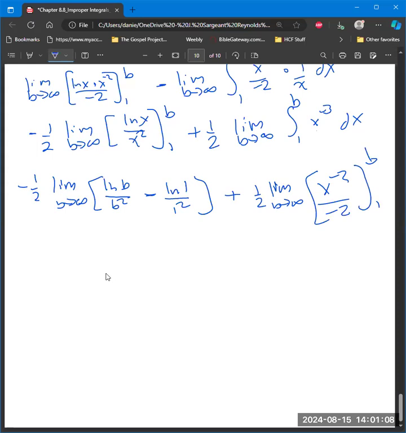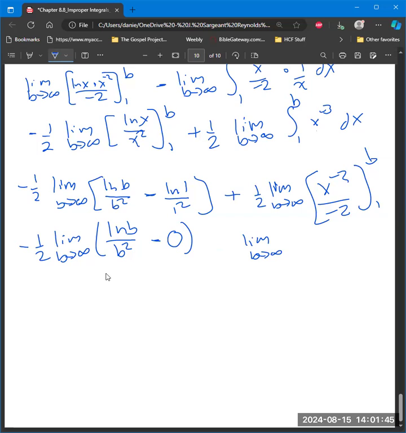So we're going to have a situation where we'll go into infinity over infinity here, and we can use L'Hopital's rule on that first one. Let me just leave that one alone for a second. And say that we have minus a 0 here, plus 1/2 limit as b goes to infinity.